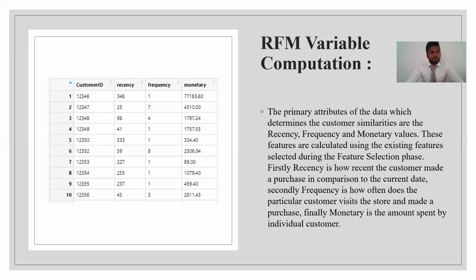Frequency is the number of times the customer visited. And for monetary, I grouped the customers and summed their overall amount spent throughout the calendar year. So this is how I arrived at the recency, frequency, and monetary values. The table here groups the data by customer with their respective recency, frequency, and monetary values.